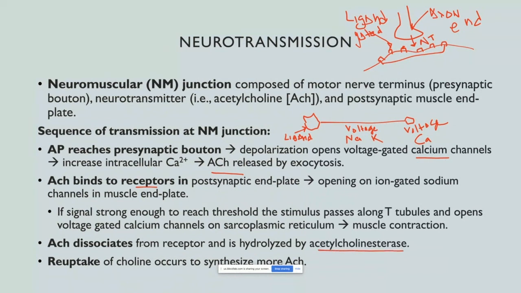This enzyme will break down acetylcholine into choline and acetate, kind of vinegar. The choline part is going to be taken back into this presynaptic button to make more acetylcholine, recycling.